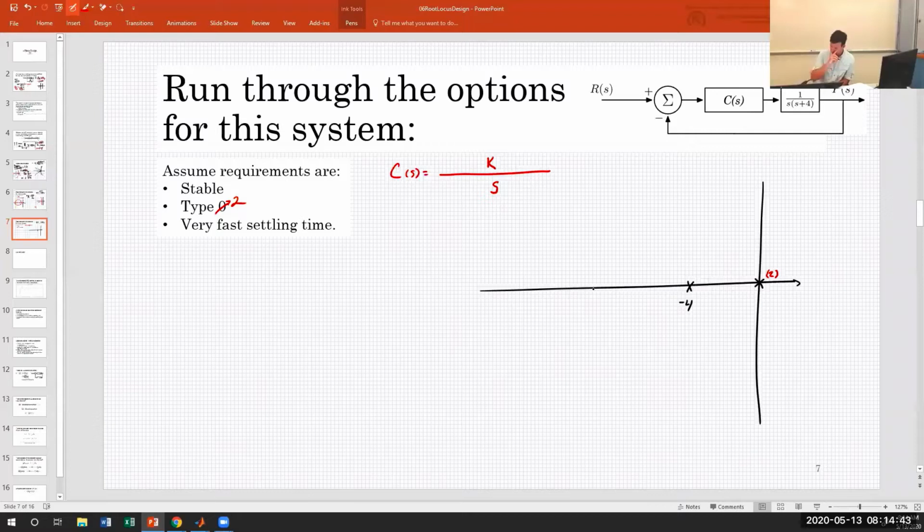And if we have 3 poles and no zeros, that means 60, -60, and a 180-degree asymptote. And so because these 2 open loop poles at the origin can't go left and they can't go right, they have to go off into the imaginary part of the plane.